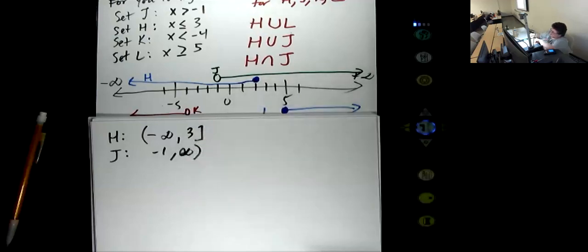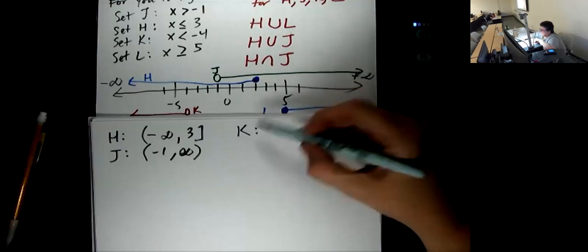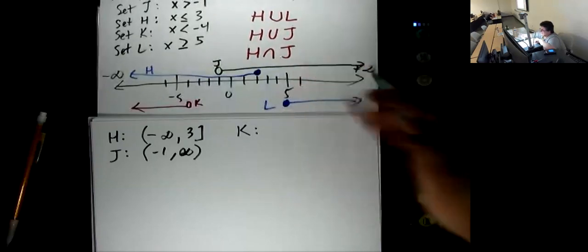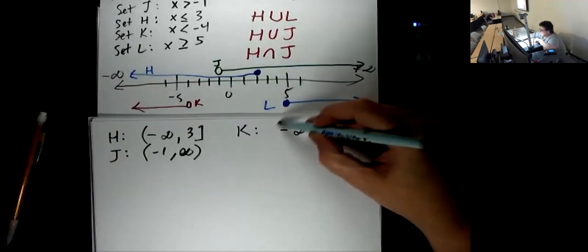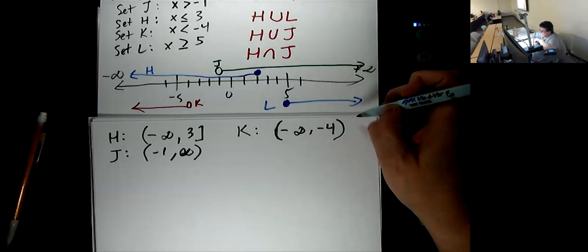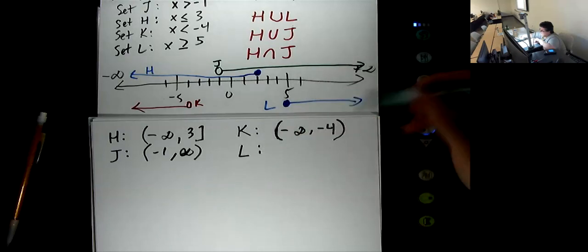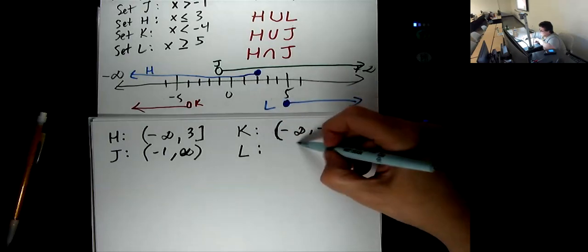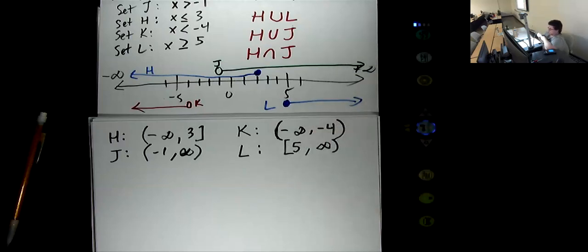Infinity is never included, and J has a hollow point, so it gets parentheses as well. K, it's down there, it's my red line. It starts at negative infinity and goes up to -4. Negative infinity is always a parentheses, and -4 is a hollow point. There's no equality, so it's a parentheses also. L starts at 5 and goes higher, all the way up to infinity. And 5 is included, so we're going to use the bracket.